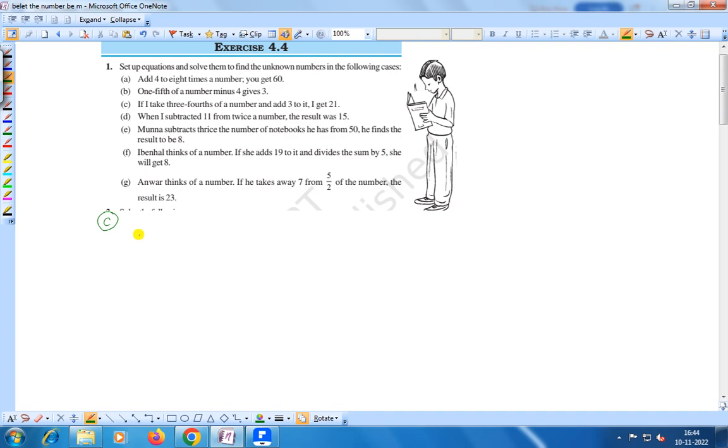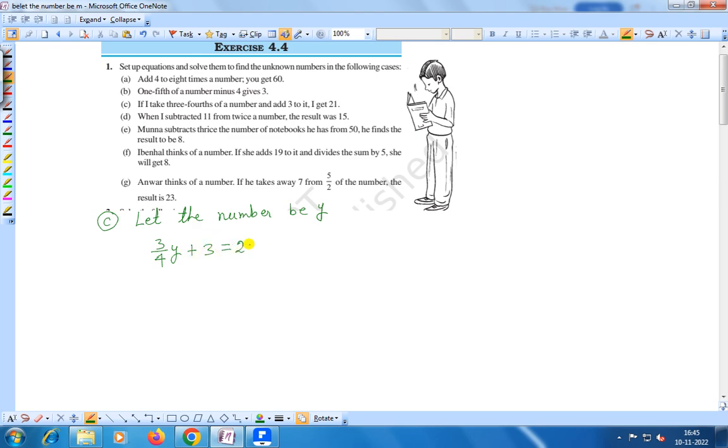Question number C is: if I take 3/4 of a number and add 3 to it, I get 21. Let the number be y. Therefore, according to the question, 3/4 of y, add 3 to it, plus 3, I get 21.